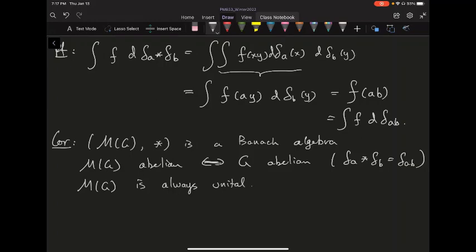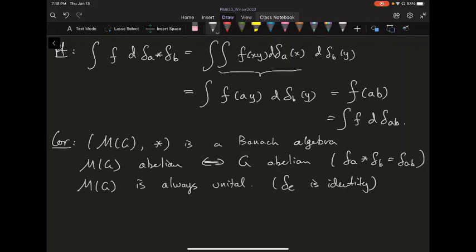So why is that? Well, in fact, delta_e is going to be the identity. Okay, so contrary to the L1 space, your M(G) always has a unit. That's actually quite clear because, well, think about what happens when G is discrete.